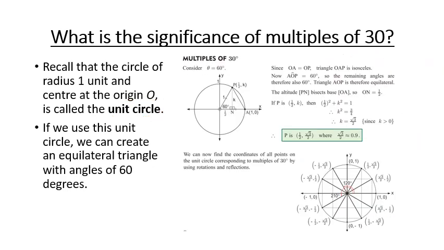Very similar when we're looking at the significance of multiples of 30. Again, we can create what we call an equilateral triangle here, because we've got the radius of one side, the radius of another side, and because the angle is 60, if one angle's 60 and those two lengths are the same, the base angles have to be the same, so therefore they're going to be 60 as well.